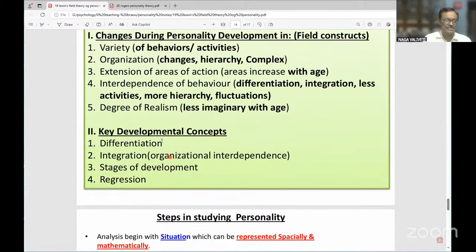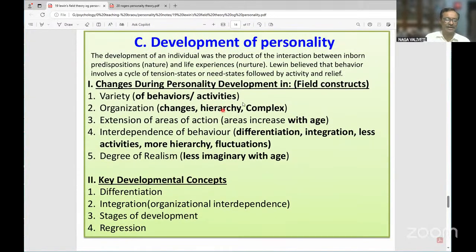So he discussed the field elements, concepts like the P, inner P, outer P, inner P cells, inner P peripheral cells, inner P central cells, E, psychological environment, its regions, subregions, valency, vector, for and against aspects.